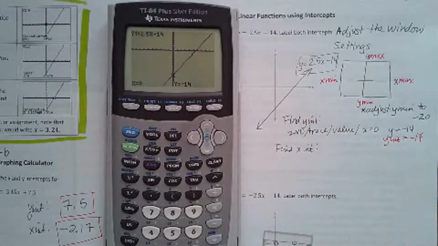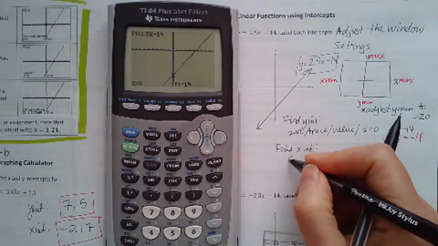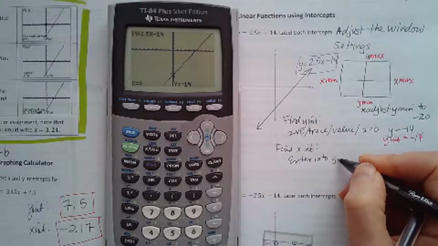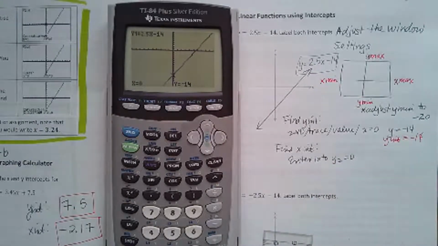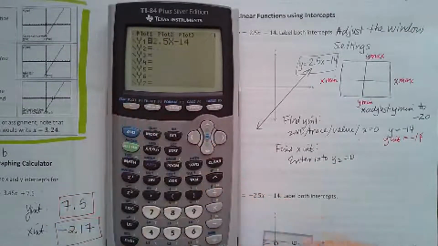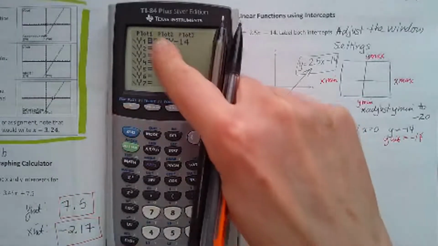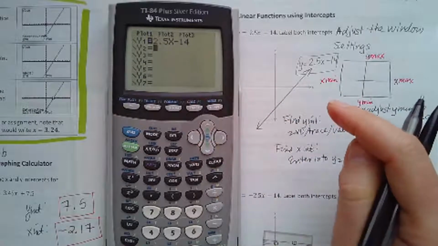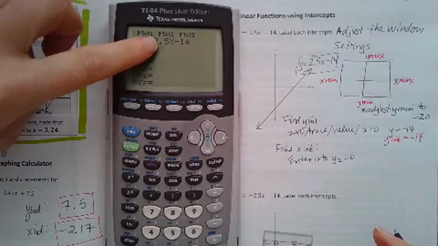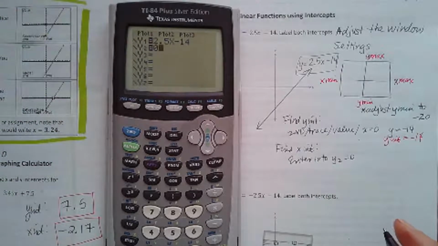Okay, find the x-intercept. That's a little harder, right? So enter 0 into y2. Okay, I have to do a couple more steps here. So I go to my y equals screen and I move down to y2. Just use the down arrows. Because I want y to equal 0, right? For an x-intercept, y equals 0.